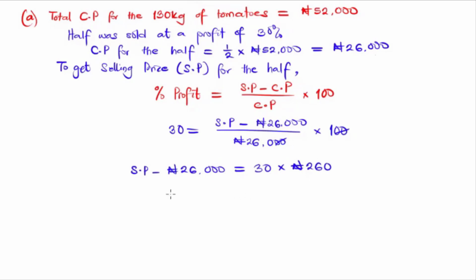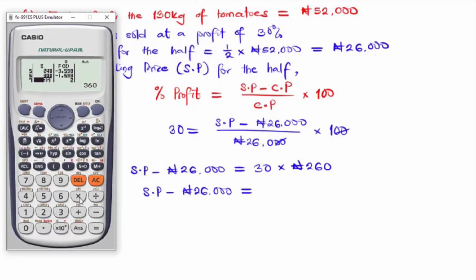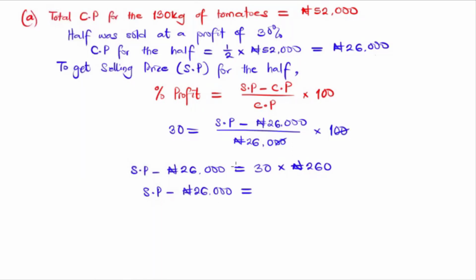So that means the selling price minus 26,000 naira is equal to what's 30 times 260? On our calculator, 30 times 260 is 7,800.